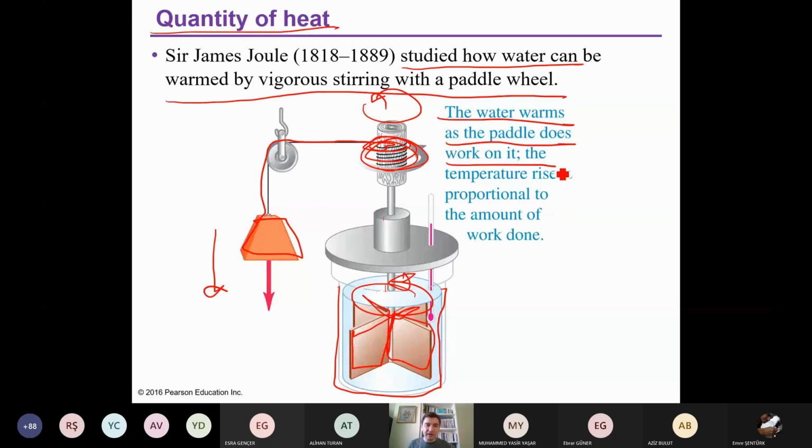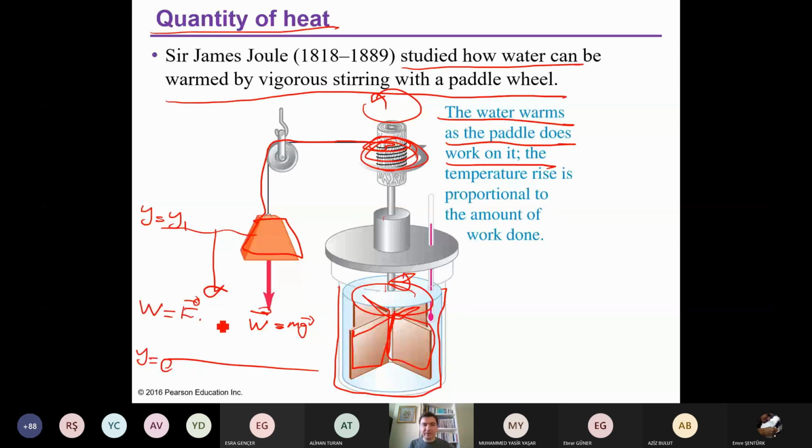So what do you see here? We have a weight which is given with mg, right? And let's say this is y equal to 0, ground, and this is y equal to y1, okay? And what about the work? Work is given with force times displacement, okay?